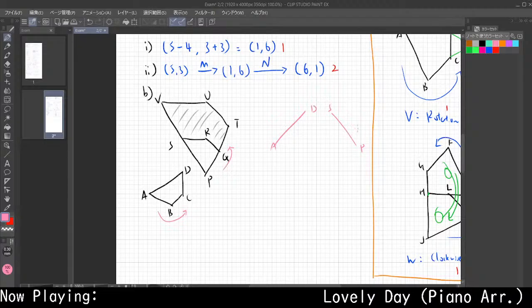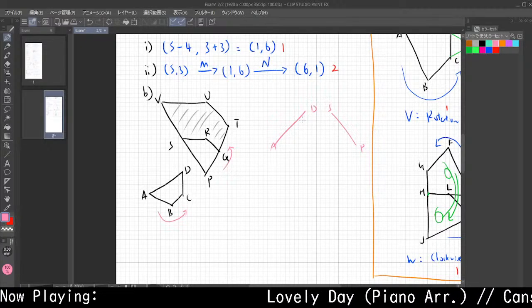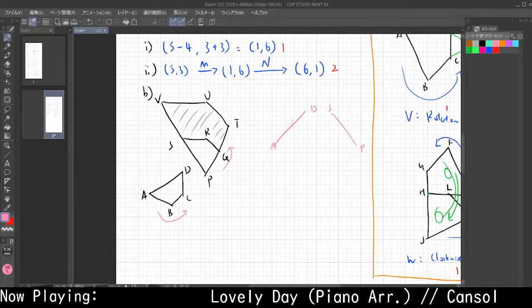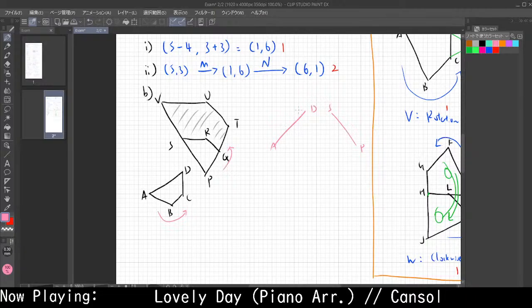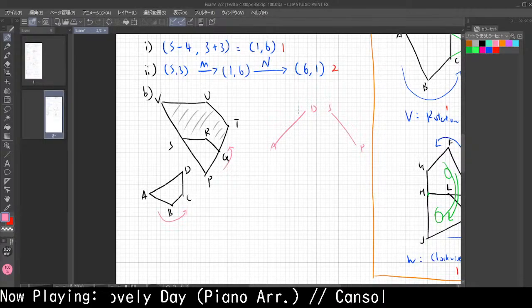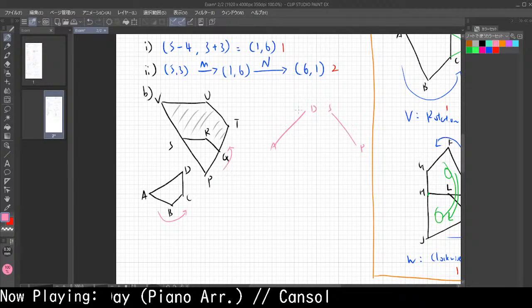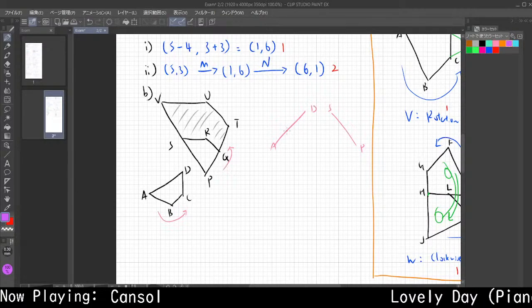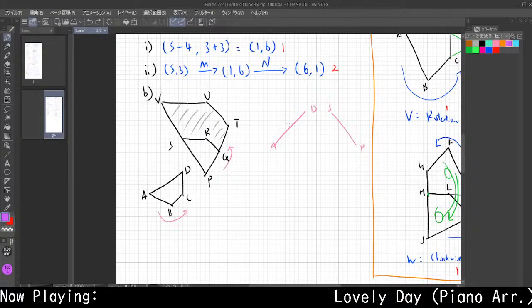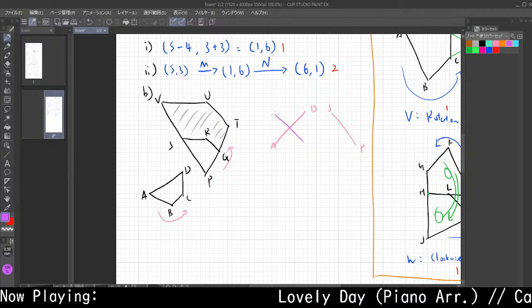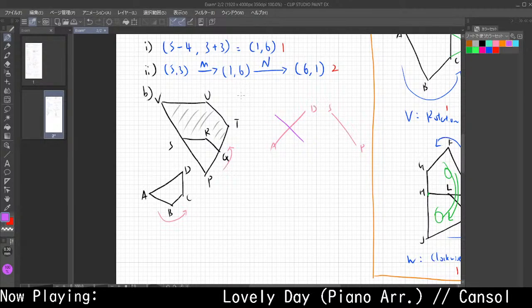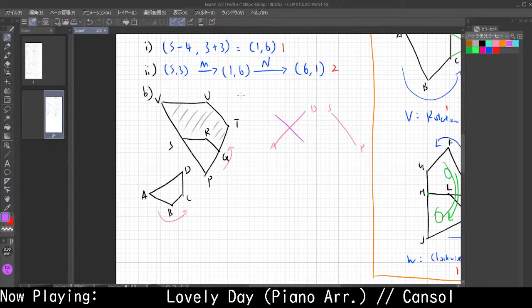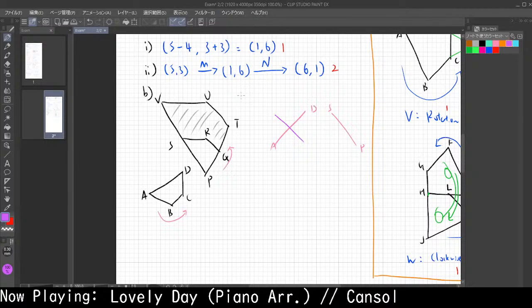It looks a bit weird, but these two lines are actually one rotation out from each other. So from AD to PS, you only need to go from here to here in this direction, which is basically one single turn of 90 degrees anti-clockwise.